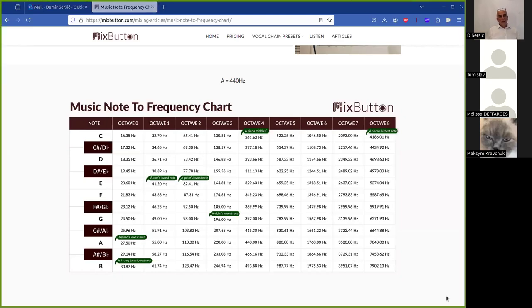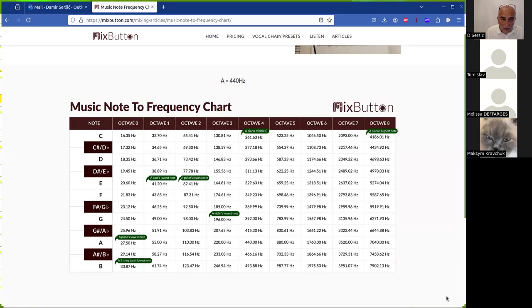So this is a music note to frequency chart. The human ear can hear about 10 octaves. Here we have 8 of them. I just found it on the internet.